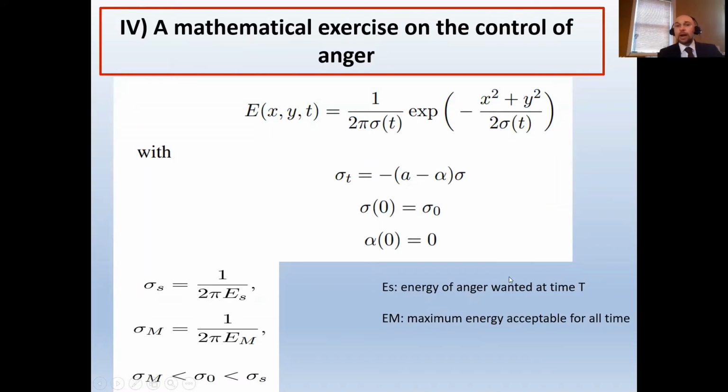So what's the problem now? I don't want to explode if I have anger, so I want to control the anger, right? My E_S is the energy of anger that I want at the end of the process. I want a given amount of energy of anger, which has not to be large. Okay, I want a normal energy of anger at the end of the window, capital T.